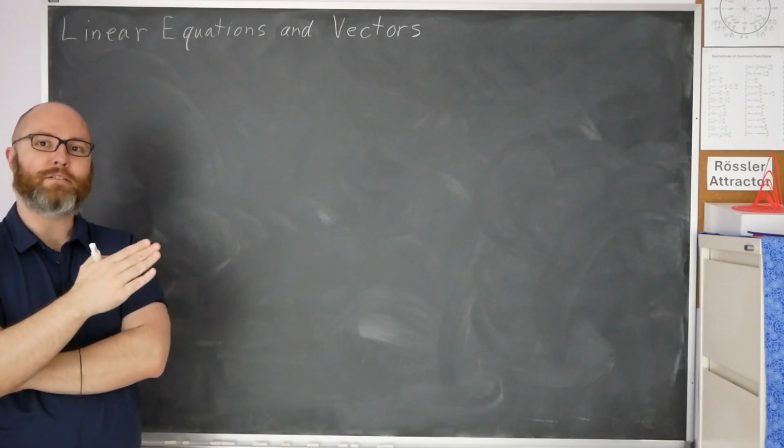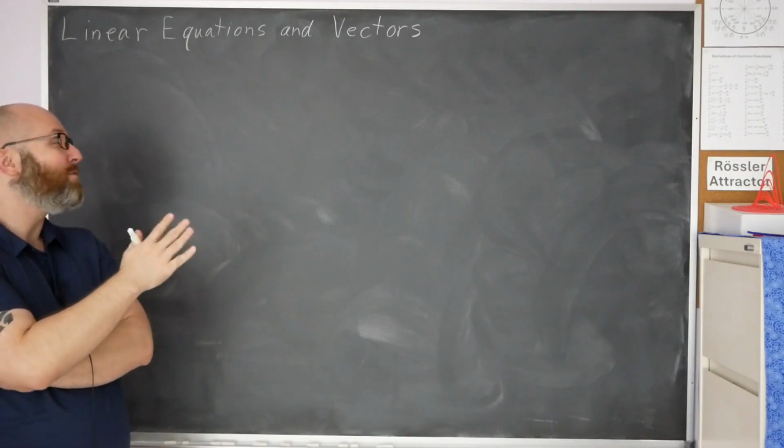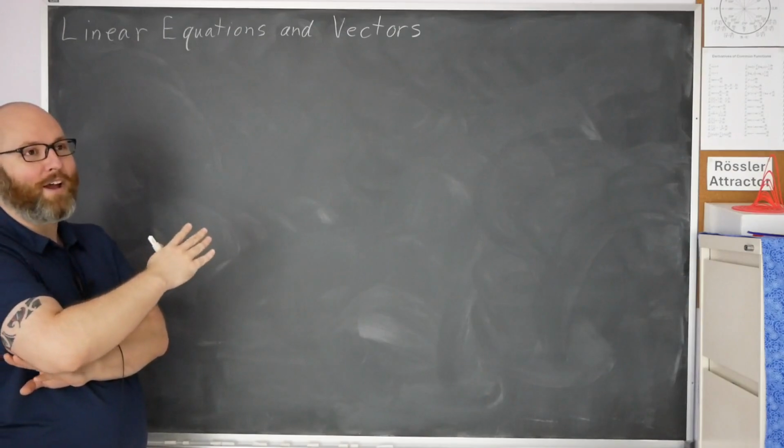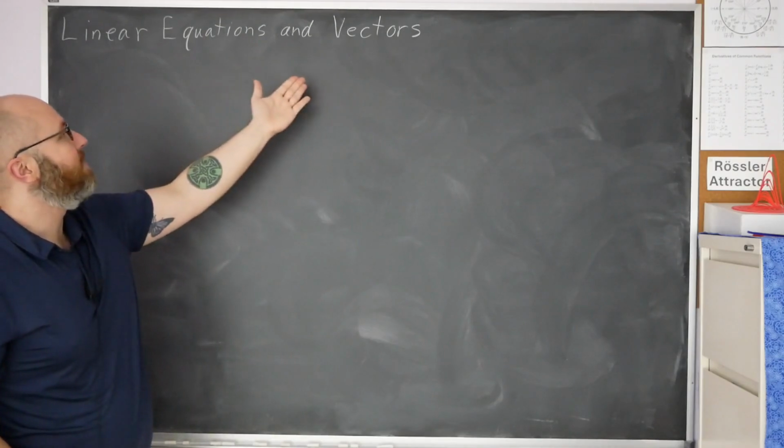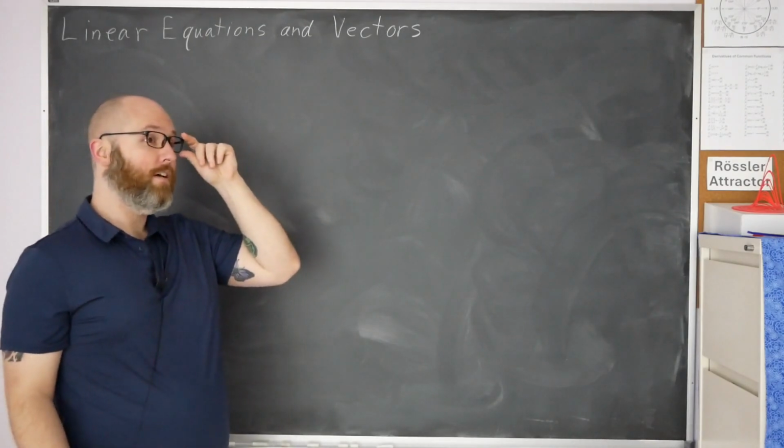But it turns out there's a still difficult, but at least alternative, most of the time easier way to visualize that, which is to visualize linear equations as vectors. All right?